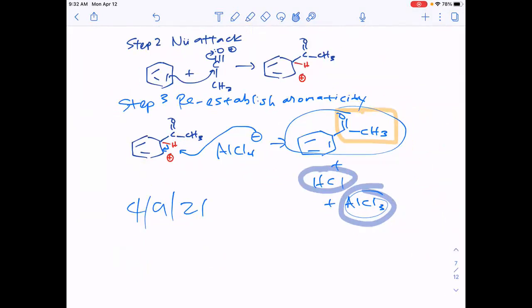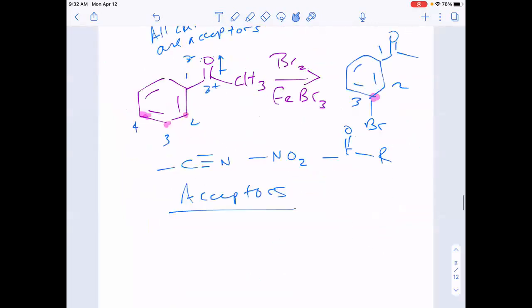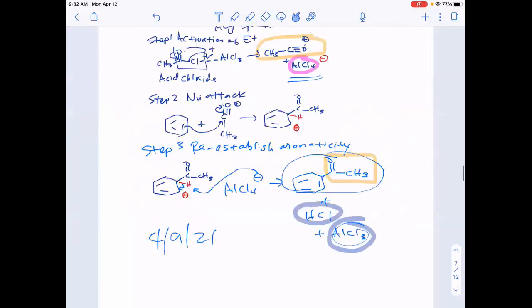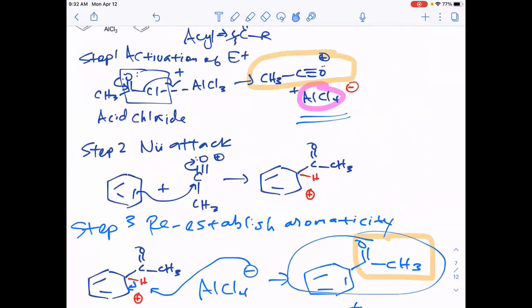Yeah, so the catalyst can be altered throughout the course of the reaction, but at the end, it's always going to be reformed. I was just trying to figure out why not put the Cl on the AlCl3 and just make it AlCl4. Well, you can, but that's not the final step in the mechanism. That's the first step, where you activate the electrophile in step 1.